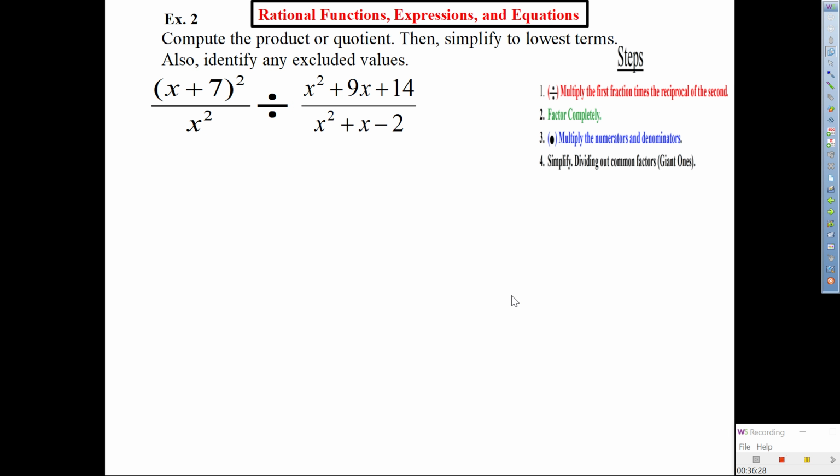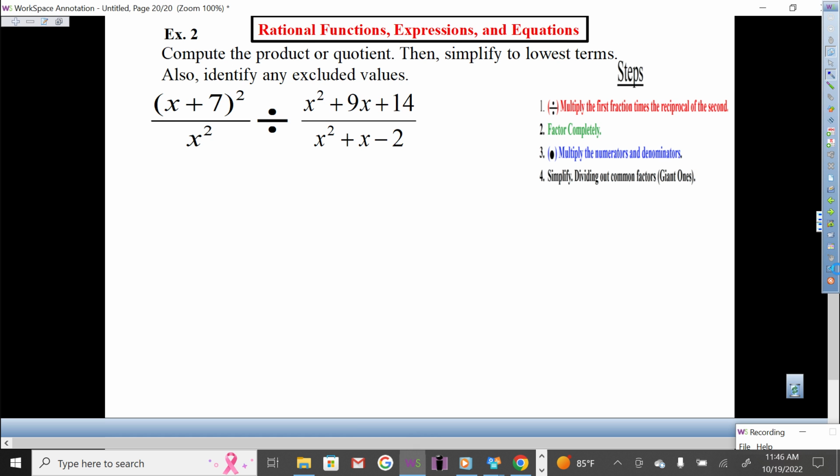Example 2. Parentheses x plus 7 squared over x squared divided by x squared plus 9x plus 14 over x squared plus x minus 2. So I'm going to do the first step in red since this is division.